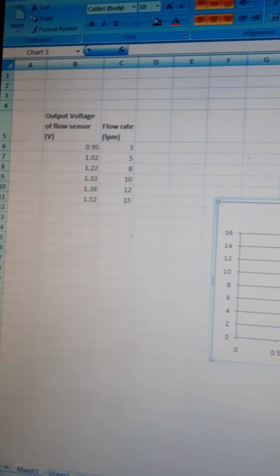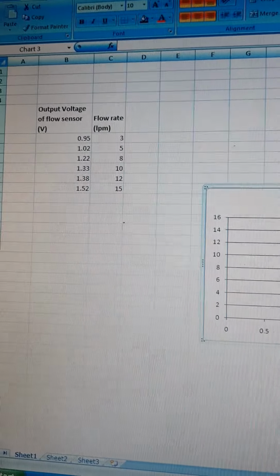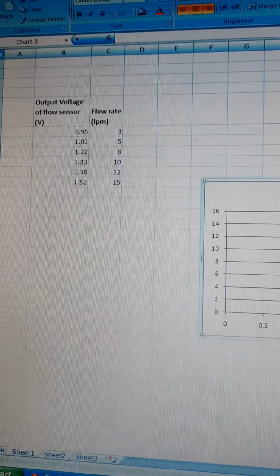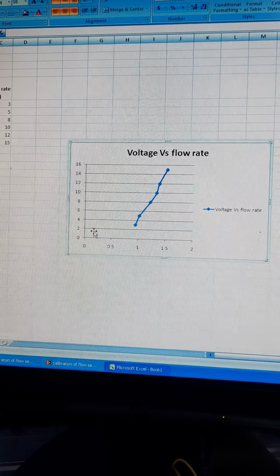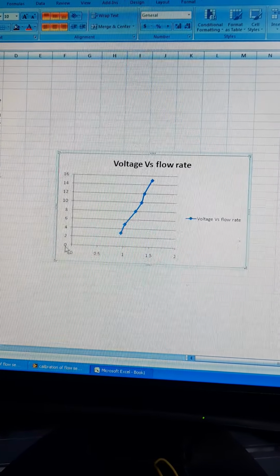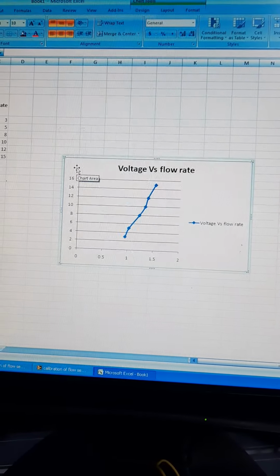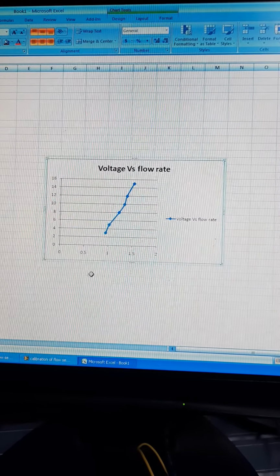A graph has to be drawn between the voltage of the sensor and the flow rate. The x-axis is the voltage generated by the flow sensor, and the y-axis is the corresponding mass flow rate of air which is flowing through the sensor. Now this is the graph drawn between these two values.